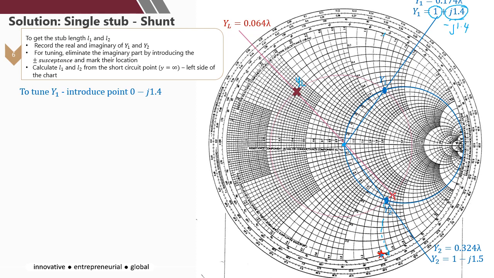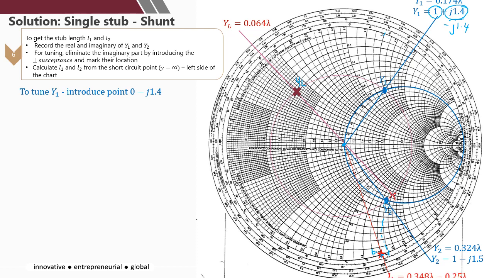Okay, and then you draw a line to look at the current position of this tuning. Okay, so this we can call B1, the susceptance value of the first admittance. Alright, so once you have this, you can get its position.